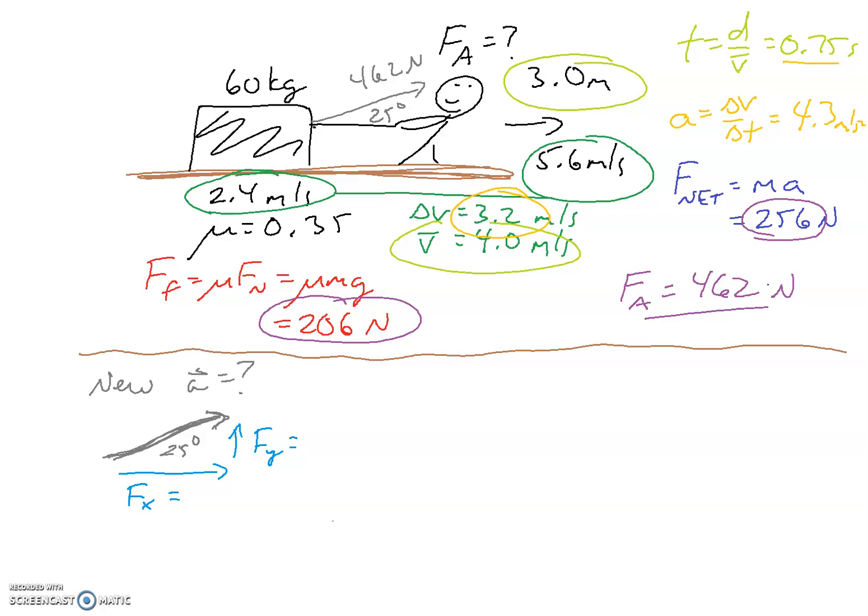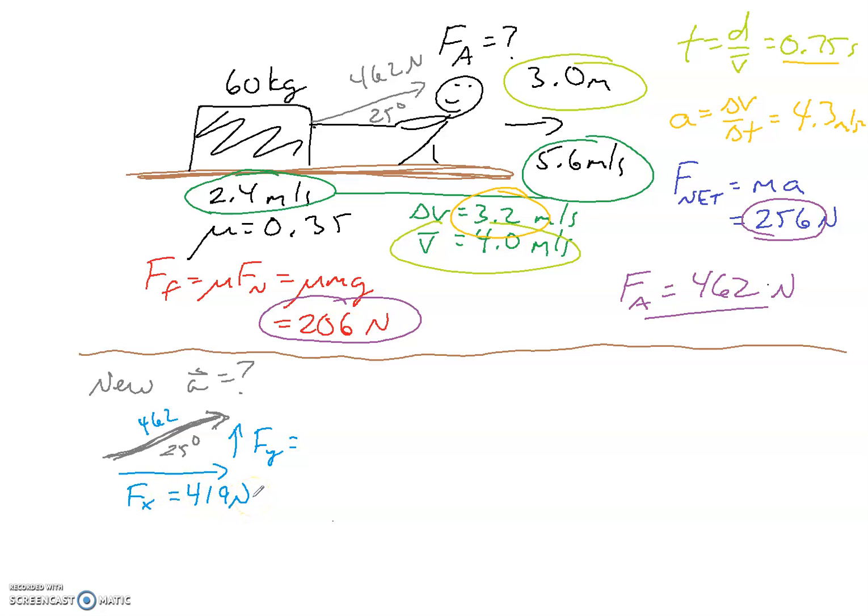Using my basic trig, I've got a hypotenuse of 462 times the cosine of 25. I can find my force in the x direction, which is about 419 newtons. And this is what's actually being used to try and move the box sideways.